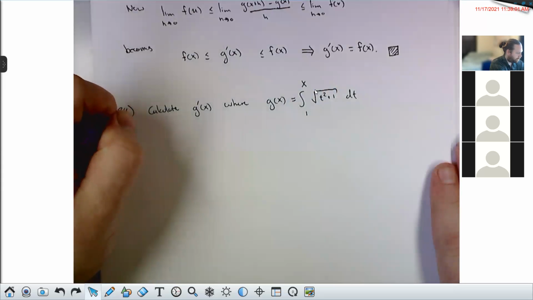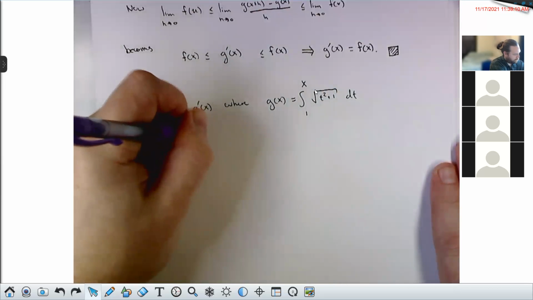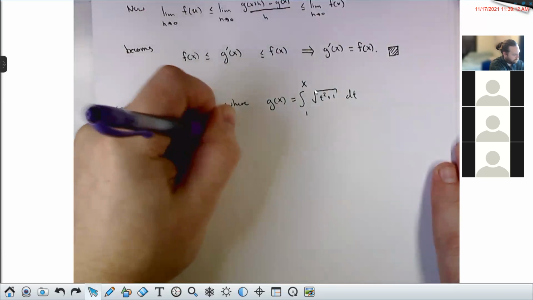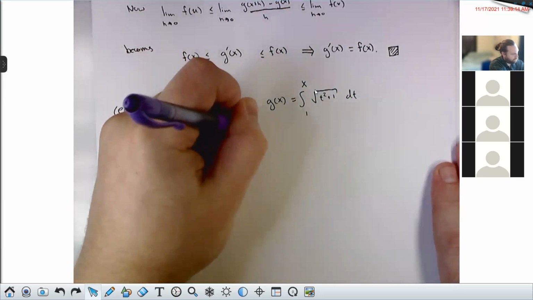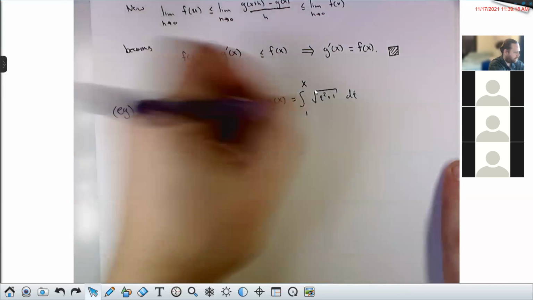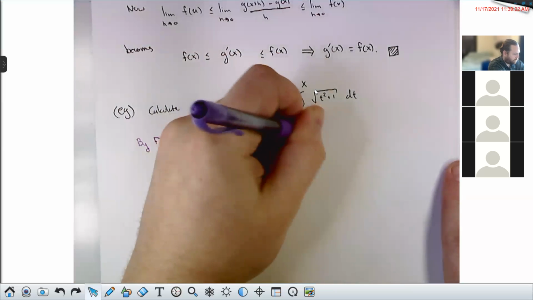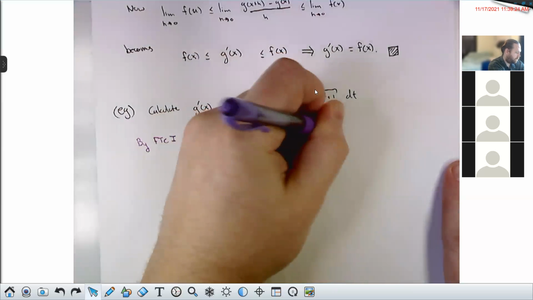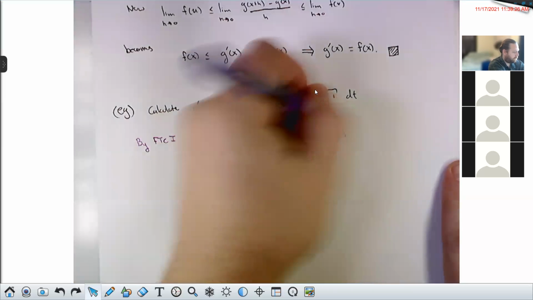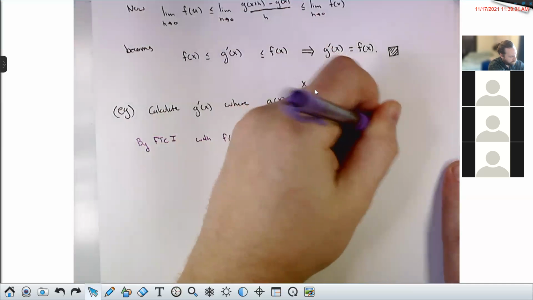By FTC1, with little f of t equal to the square root of t squared plus 1, g prime of x has to be little f of x, which is the square root of x squared plus 1.